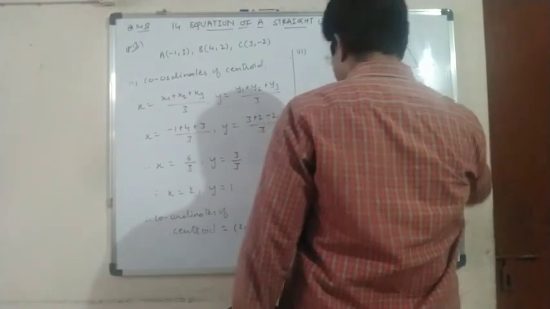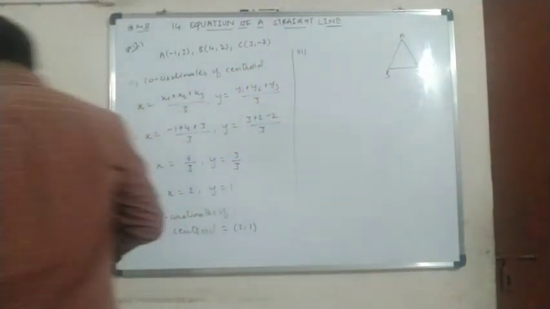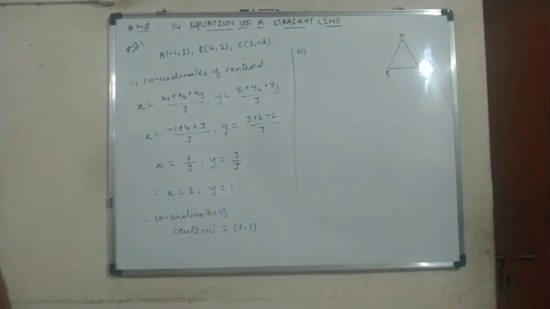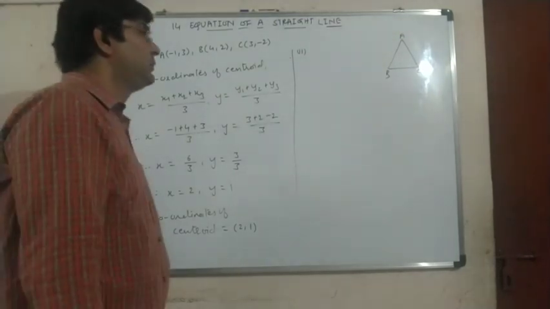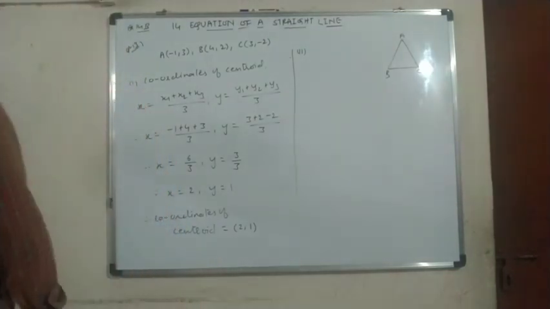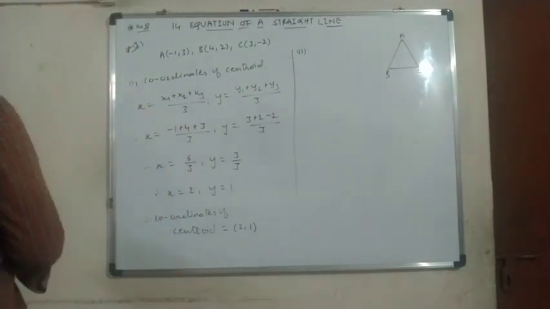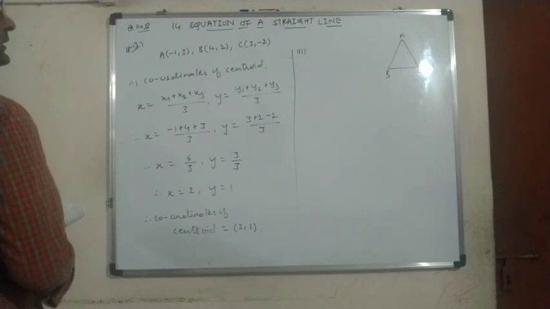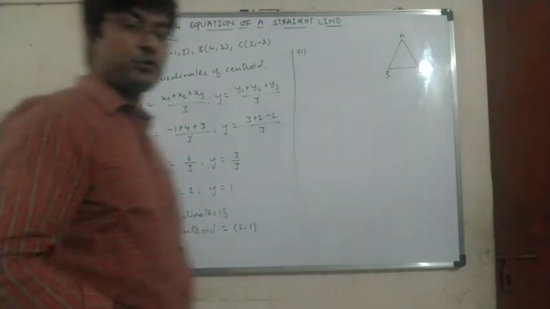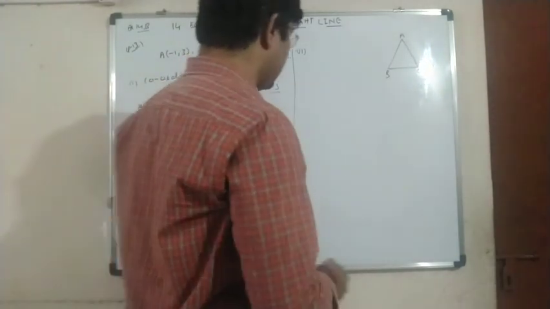Okay, ABC is a triangle. The second point is find the equation of the line passing through C and parallel to AC. Yes or no? But actually there is some mistake. It must be passing through G, centroid G.